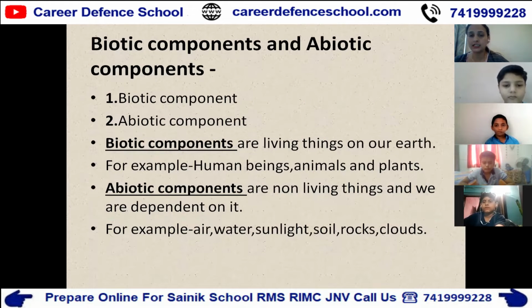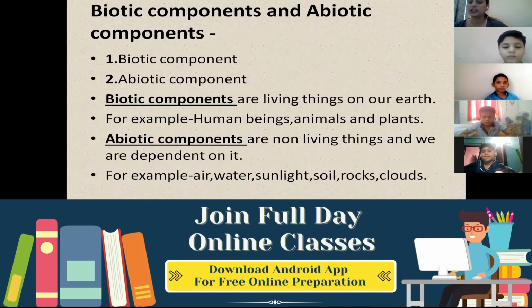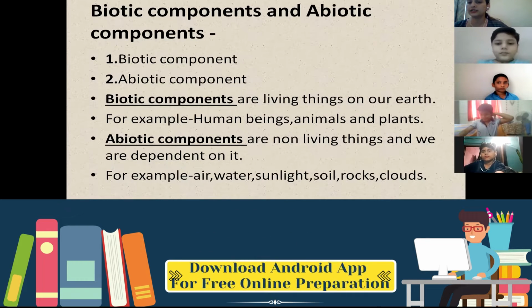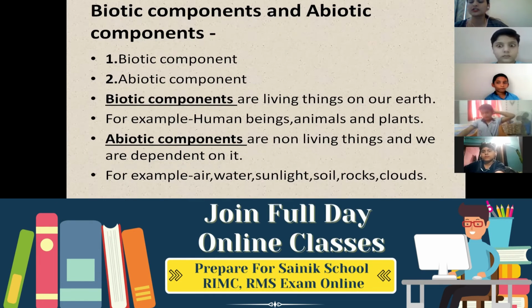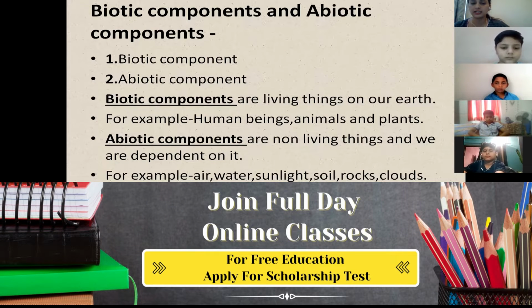Biotic are living things like human beings, animals, plants, microorganisms. Abiotic components are non-living things on which we are dependent, जिसके ऊपर हम dependent होते हैं, like air, water, sunlight, soil, rocks, clouds. These all are not having life.